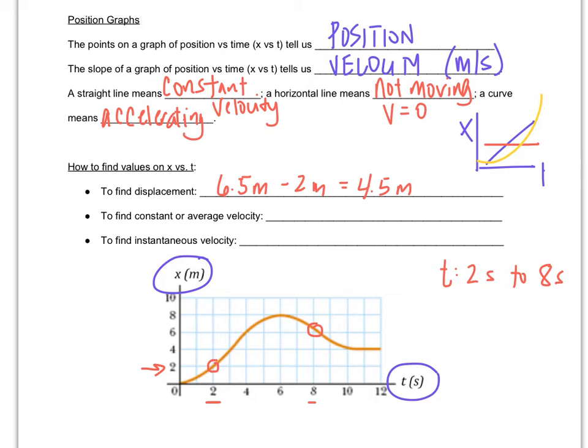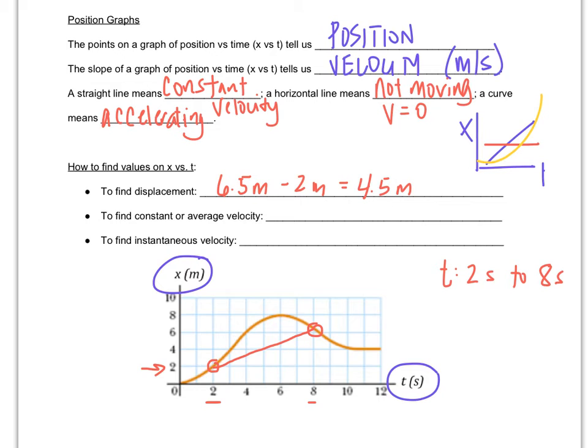If I wanted to find the constant or the average velocity, then I just want to take those 2 values and connect them with a straight line, and find the slope of that line. The rise is exactly what we found before, that's the 4.5 meters. And the run would be the amount of time it took.